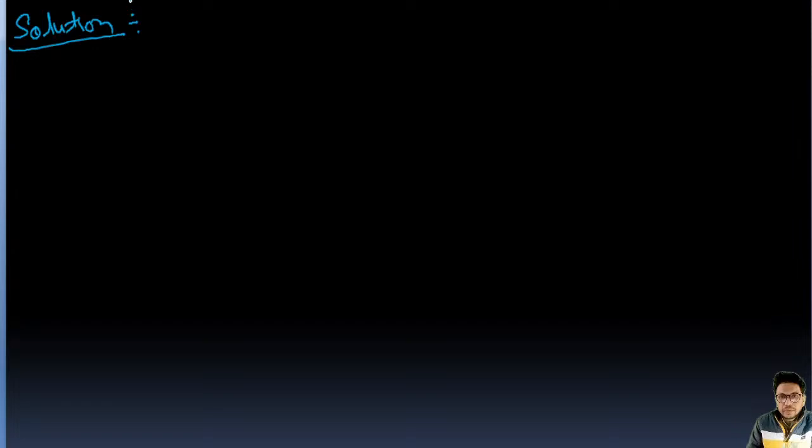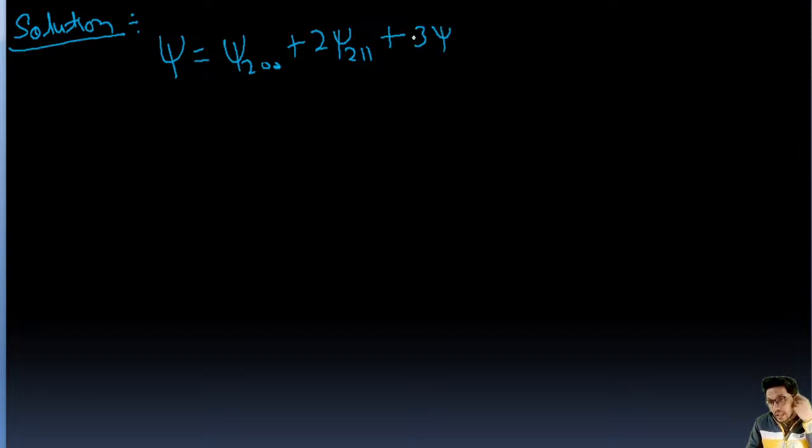So first, we are given psi, that is psi 200 plus 2 psi 211 plus 3 psi 210, these are the n, l, m values, plus root 2 psi 21 minus 1.